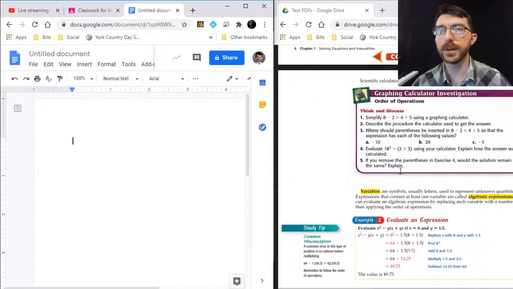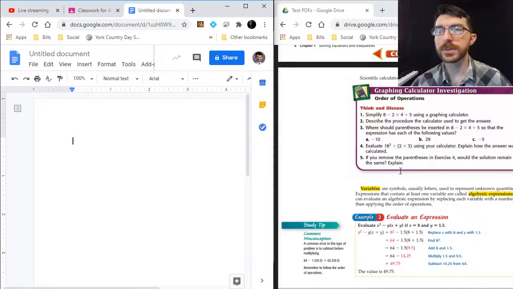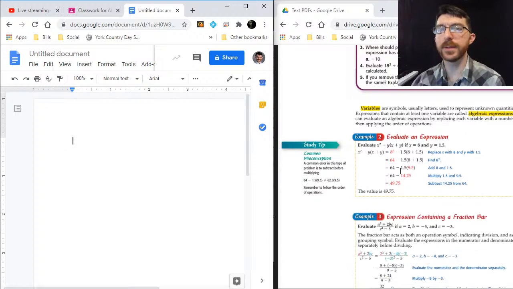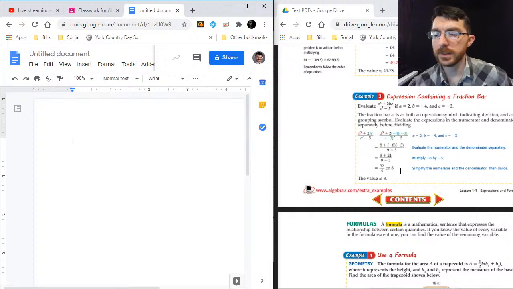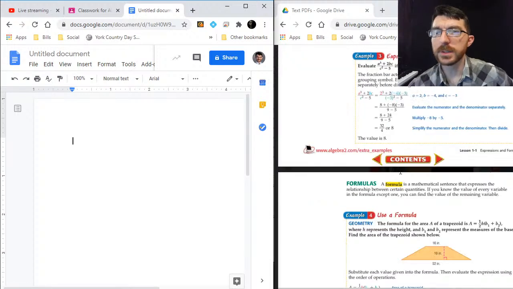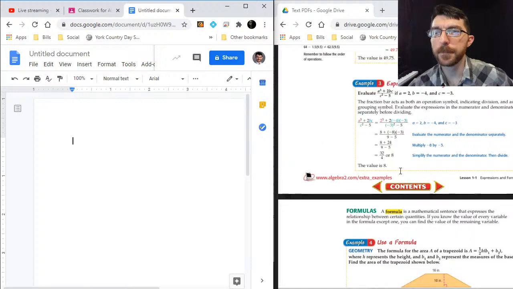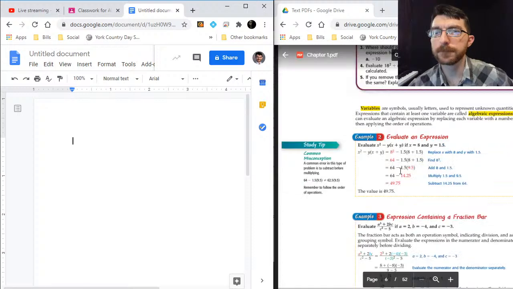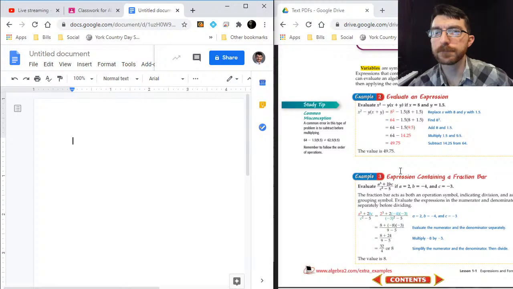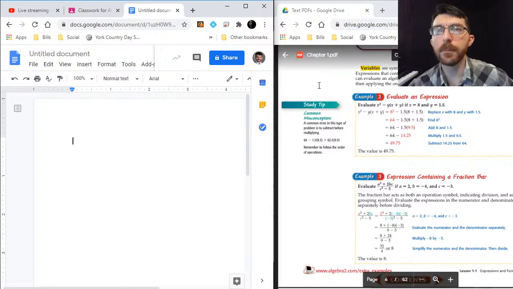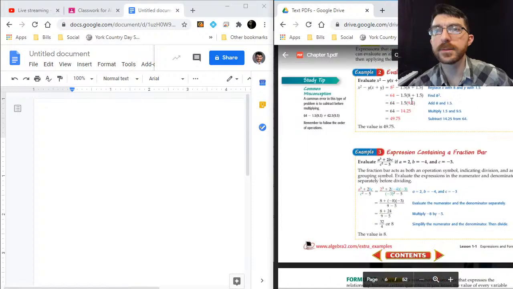Okay, let's see here. Variables, algebraic expressions. No, that's all part of my first lesson. So that one's good. Formula. No, I guess I might as well. Let me see if I can. Oh, good, I can select text. Awesome.